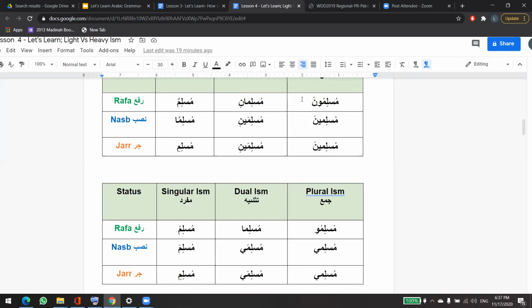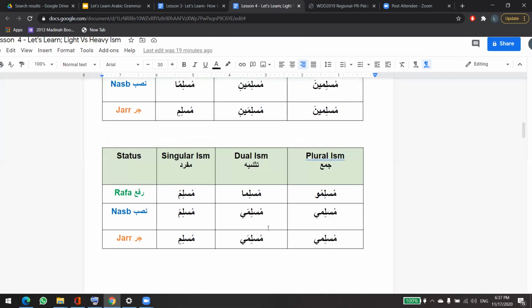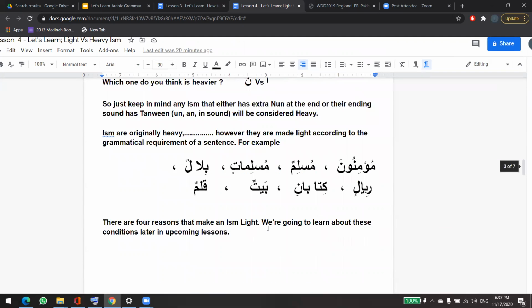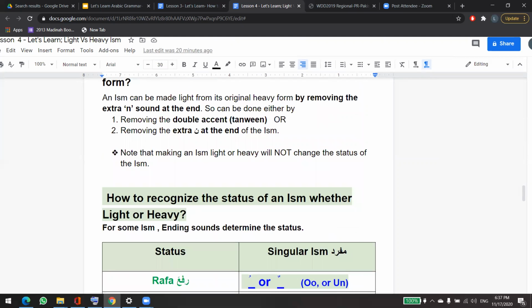Same here, Muslimuna: you remove the noon, make it light, Muslimu, again rafa. And look at nasab and jar status. Muslimaini has a noon at the end. You make it Muslimai, removing the noon. So Muslimai still remains nasab. I hope you get this concept.